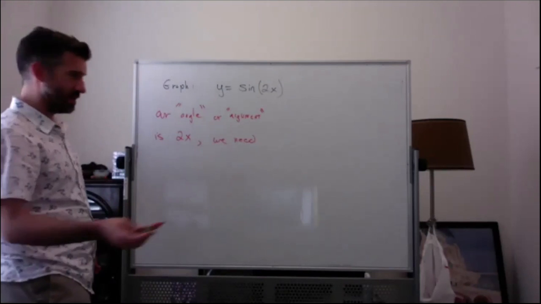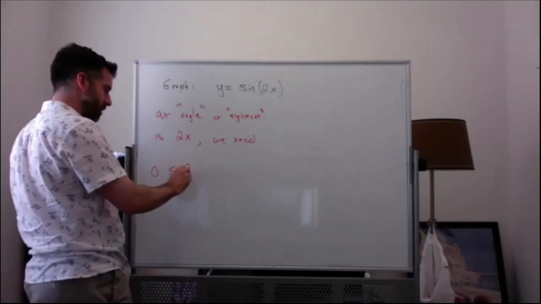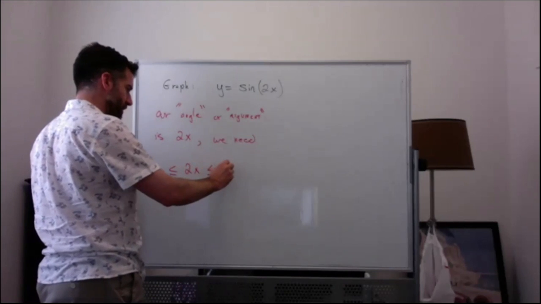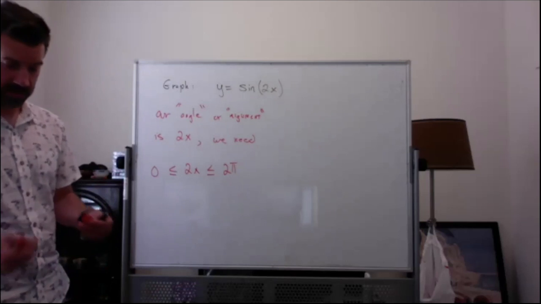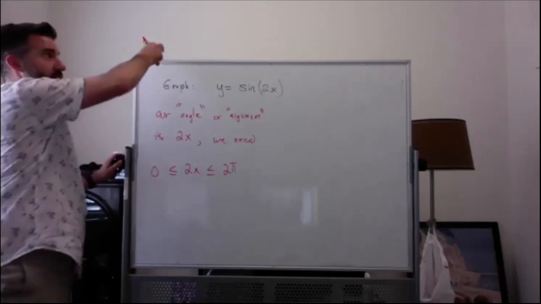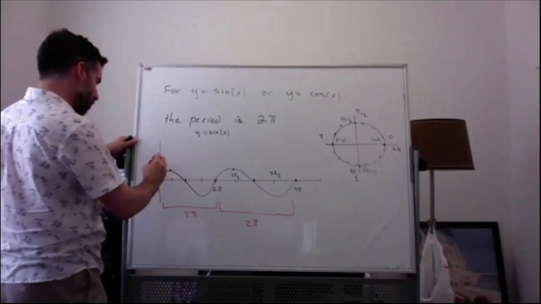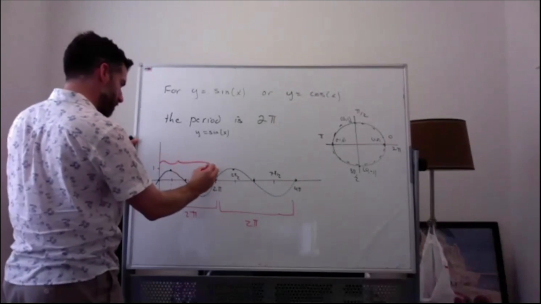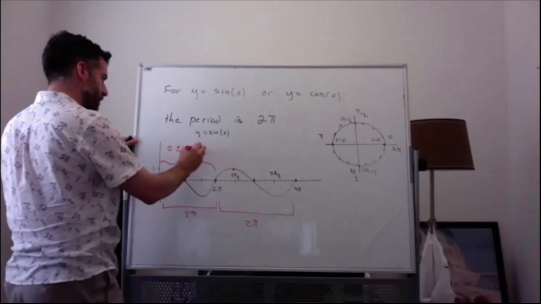And the way I'm going to write this is we need 2x to go from being bigger than or equal to 0 all the way to being less than or equal to 2 pi. It's going to hit all the values in between there, just like, I should point out, for this function, one period, we had x going from 0 to 2 pi.